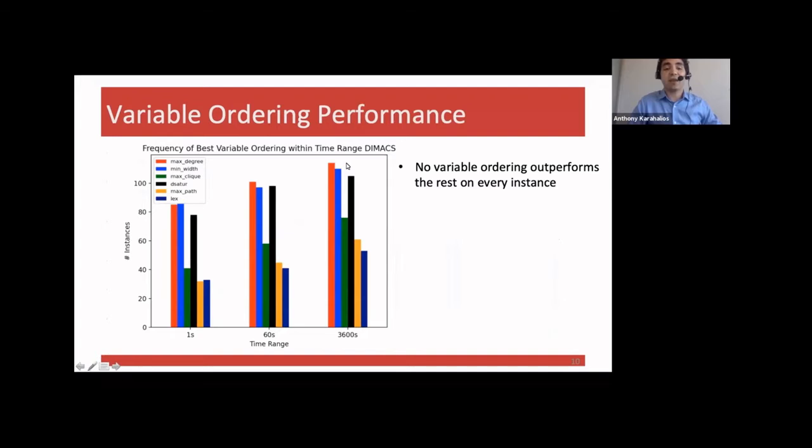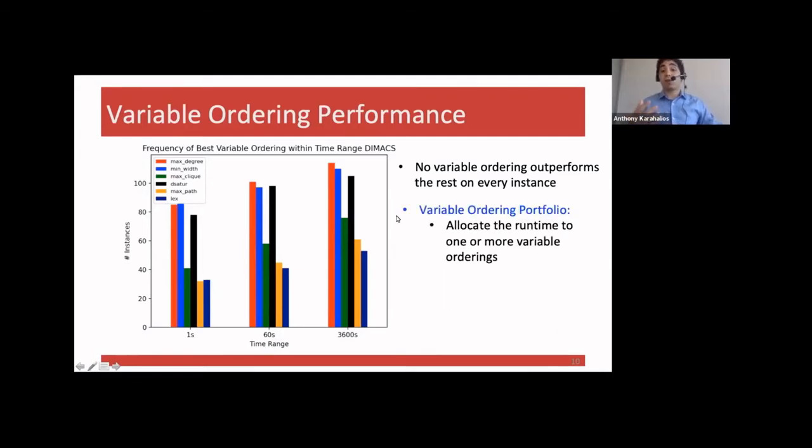And what we see is that no single variable ordering performs the best on all 137 DIMACS instances. So this leads us to the idea of using a variable ordering portfolio, that instead of just always using a single variable ordering, we can have a portfolio of them that uses an algorithm that decides in a smart way which single ordering or group of orderings should be used in our hour runtime.